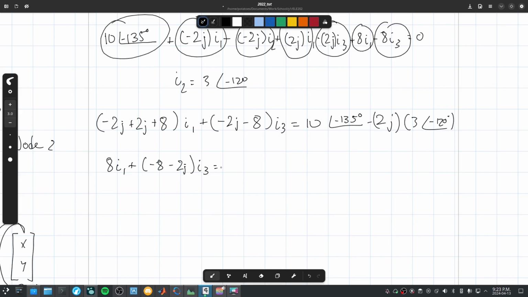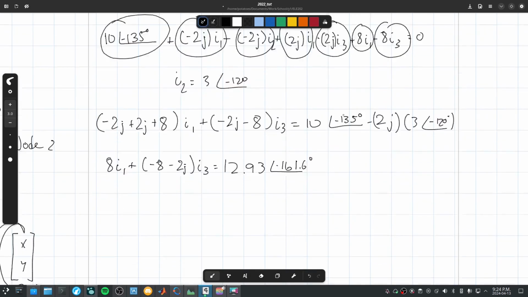Anyway, so 2j times 3 with a phasor of negative 120. Let's see. So if you put that into polar form, you get 12.93 with a phasor of negative 161.6 degrees.